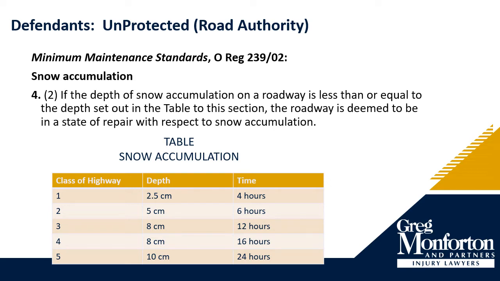So if we are dealing with a Class 1 highway and it has a snow accumulation depth of 2.5 centimeters or less, it is deemed to be in a state of repair. The time requirement is the time given to the municipality to address that roadway and bring the depth down to the depth that's noted in the table. So on a Class 1 highway, they do have 4 hours to address it.